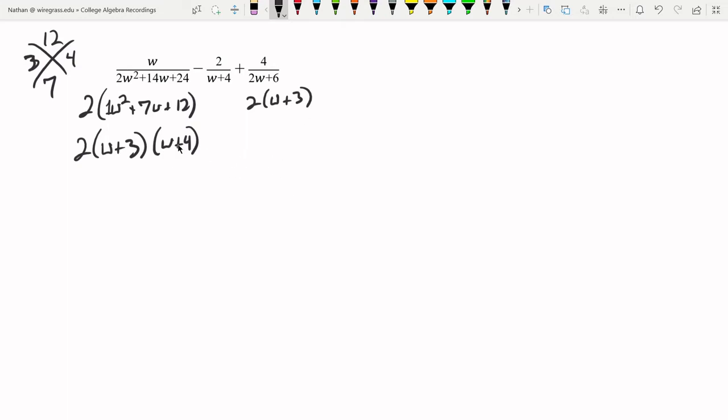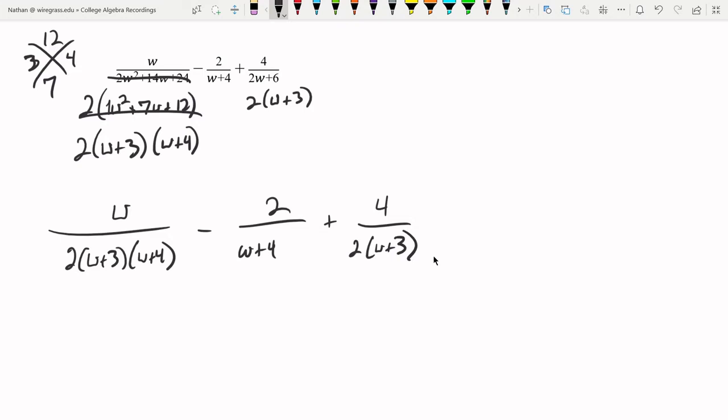Okay, so that's our new denominator. And we're asking, what's the common denominator? So let me write this out a little bit bigger. When you're trying to find common denominators, what you should be asking is, what does this denominator have or need that the other ones have? This one has a w plus 4.